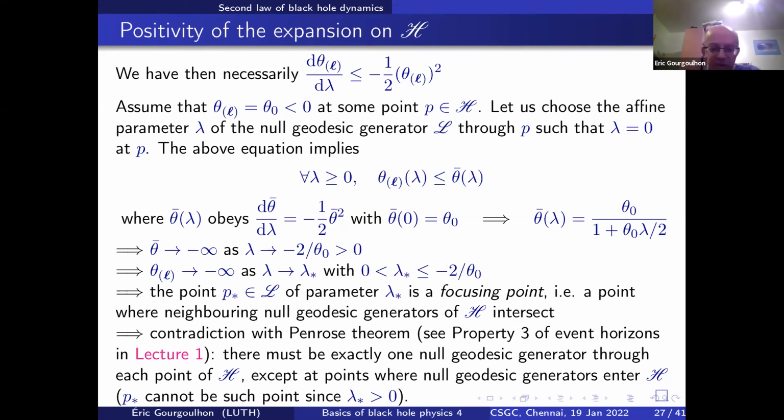But this cannot be the case here. We can exclude these exceptional points because this occurs for a point which is in the future of our null geodesics, which was already on the event horizon.